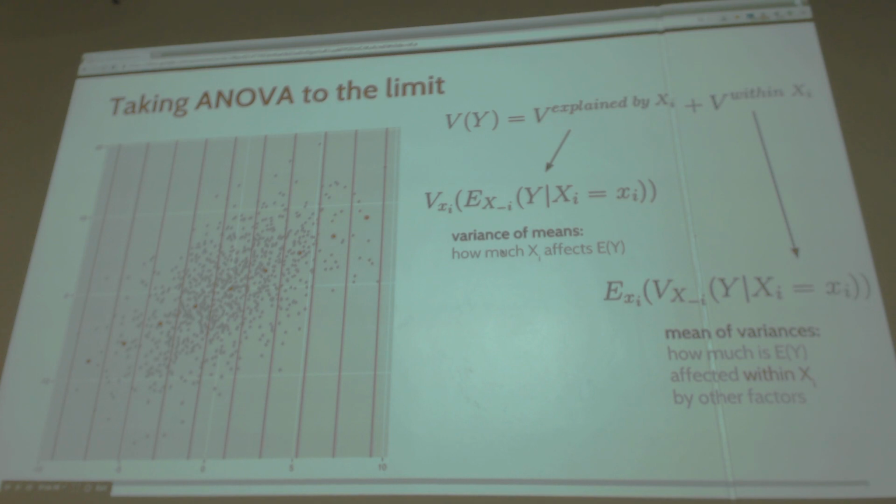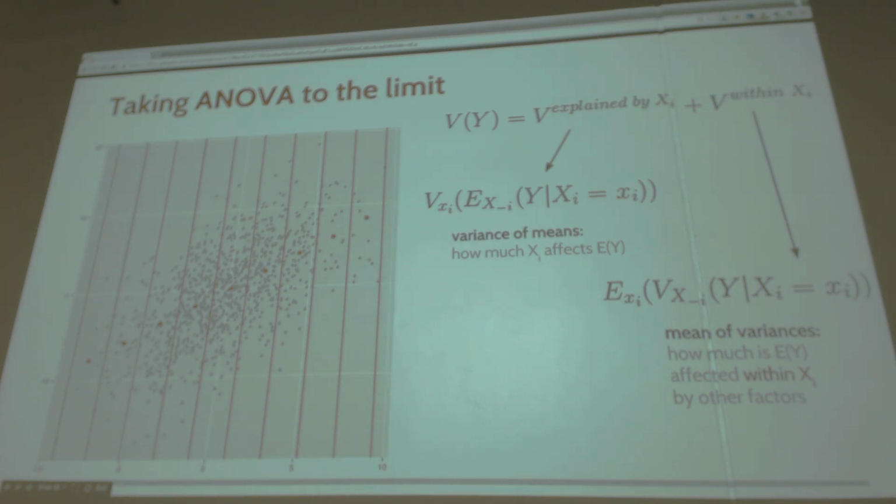So we can talk about the variance of means. We can take the variance of these red dots and see how much they vary from their mean. That is the variance explained by this parameter. And there is also variance that's not explained by this parameter, given by taking the mean of variances within each of these buckets. It's a pretty remarkable property.